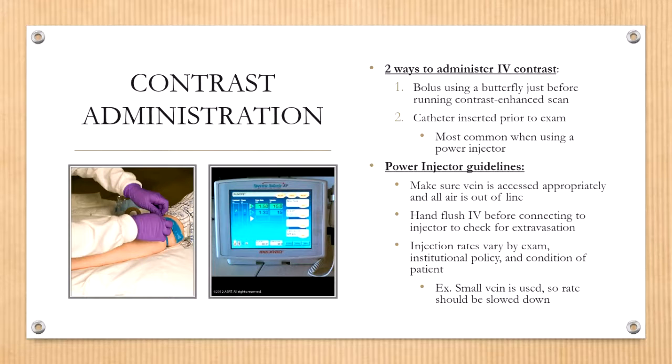And then you can connect that line to the patient's arm into the IV that you've started. And I would even recommend hand flushing the IV either with a small syringe of saline or with the saline from the power injector with your hand, and just making sure that the line is accessible and that you're not about to extravasate. Again, injection rates are going to vary by exam. Make sure that you're using the correct one.